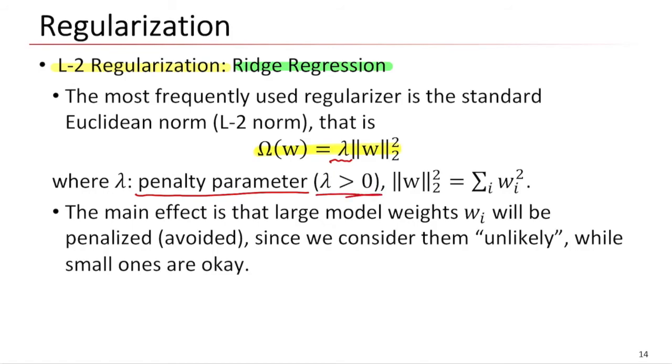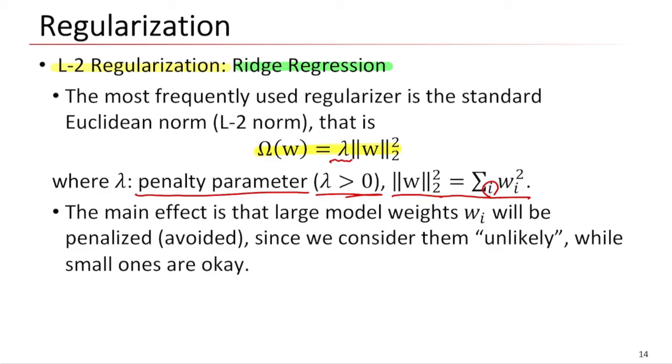Lambda should be larger than 0, and the norm of W squared is equal to the summation of Wi squared over i. So this is the definition of the L2 regularization.